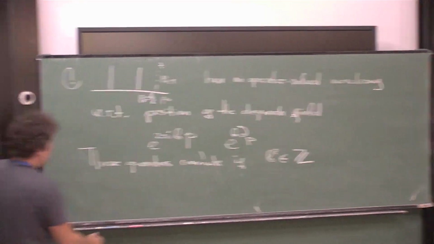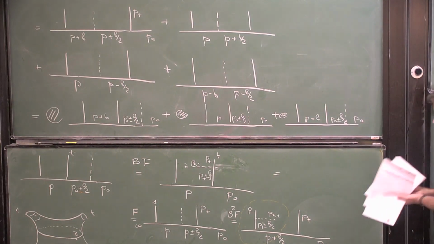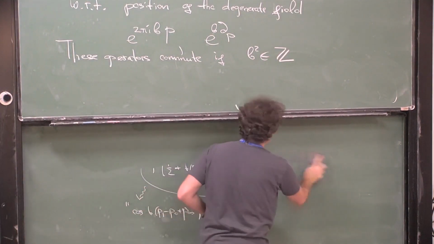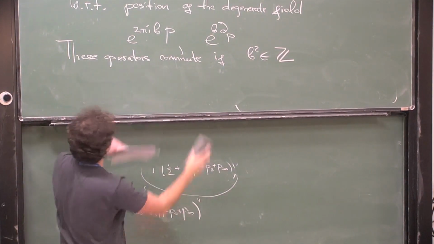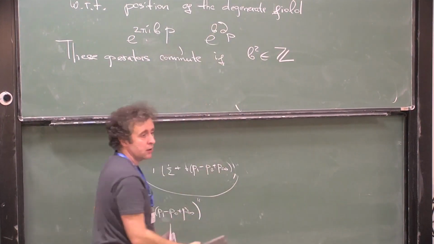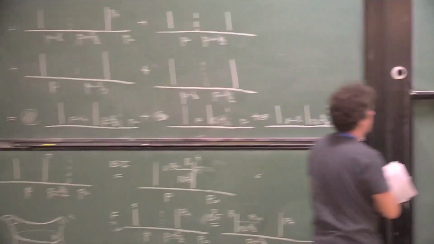And so let us do the following. Basically what we want to do is to diagonalize these operators, or this operator-valued monodromy, by a Fourier transformation.